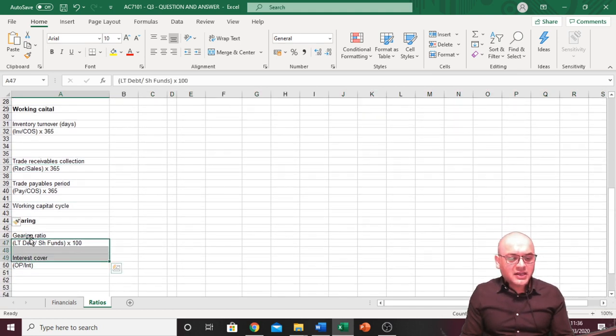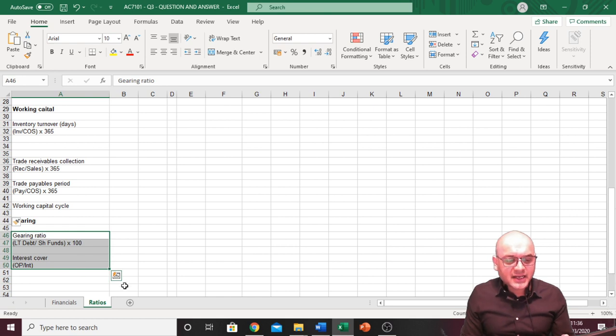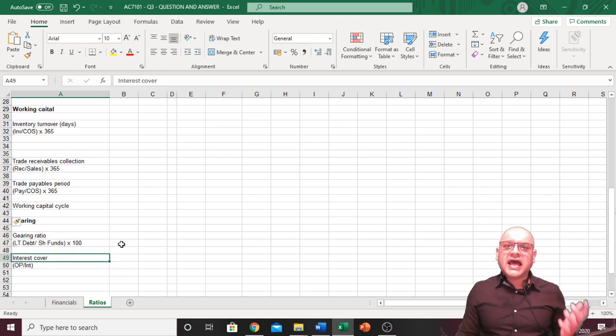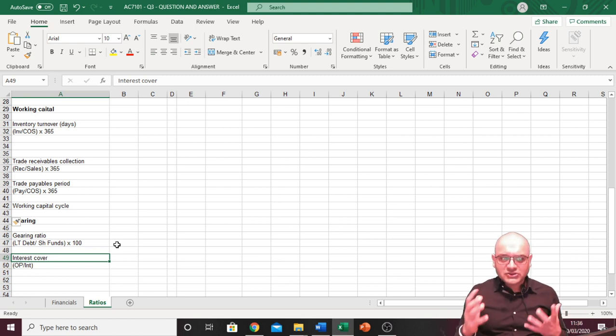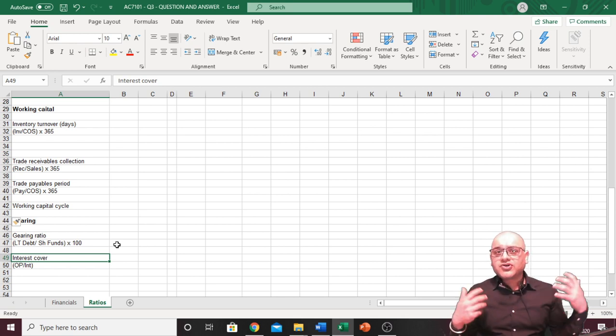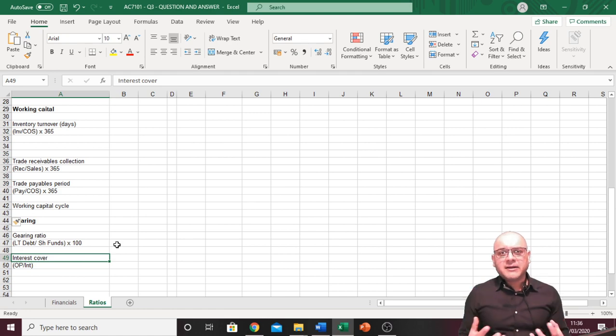In gearing, to check riskiness, we check companies' level of debt in the total funds, and the second is whether they have capability of paying interest on time, that is interest cover. Brilliant. So those are the ratios we'll be using. Before we start discussing the ratios, we want to calculate them, and once calculated, we will then be able to analyze them.